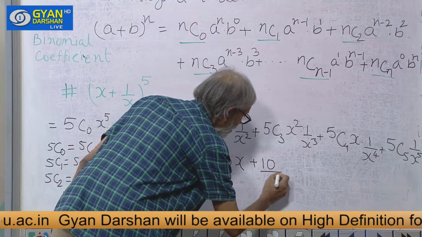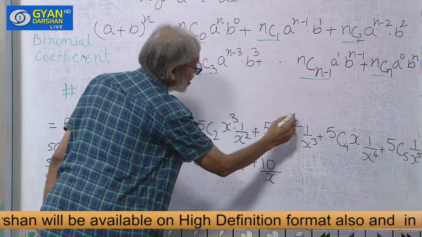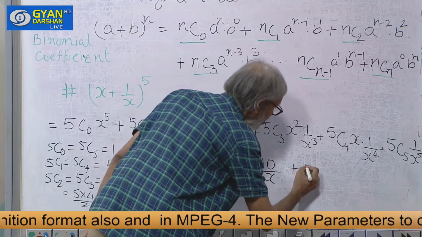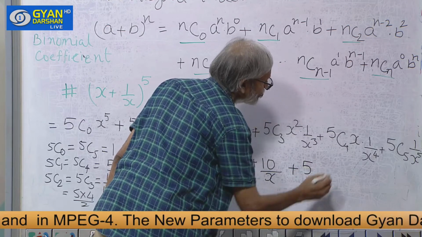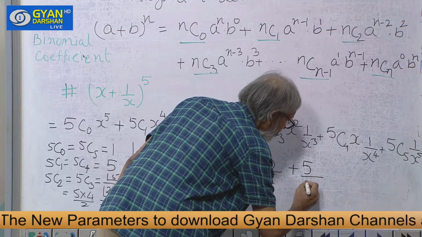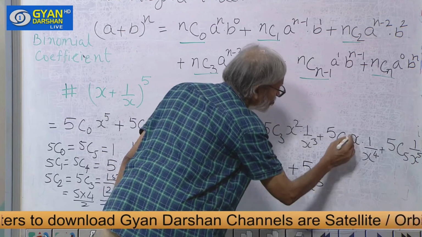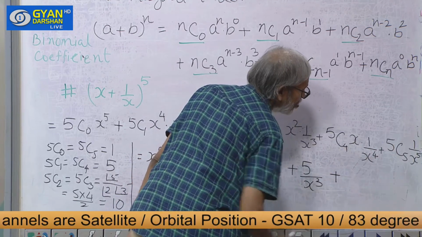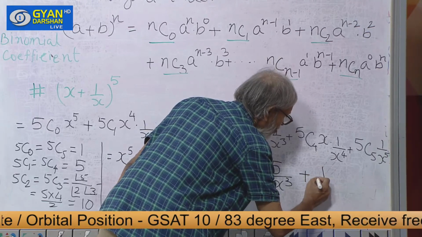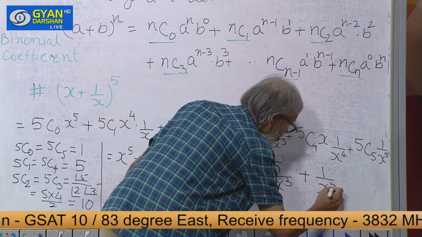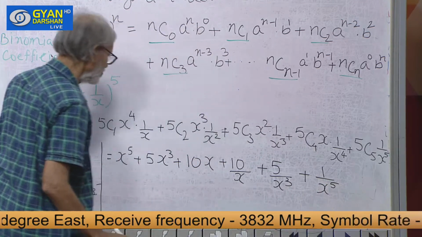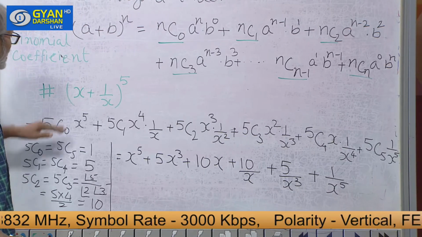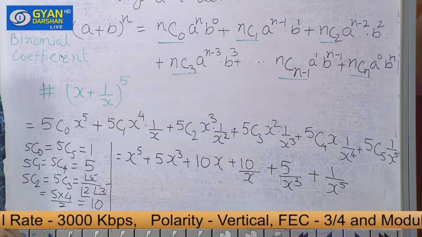So, it will be 10 upon x, and then 5C4 will be equal to 5, x upon x^4. So, it will become 5 upon x cube, 1 x will cancel out here, and then this is equal to 1, so it will be equal to 1 by x to the power 5. So, this is the final expression for the expansion of (x + 1/x) to the power 5.